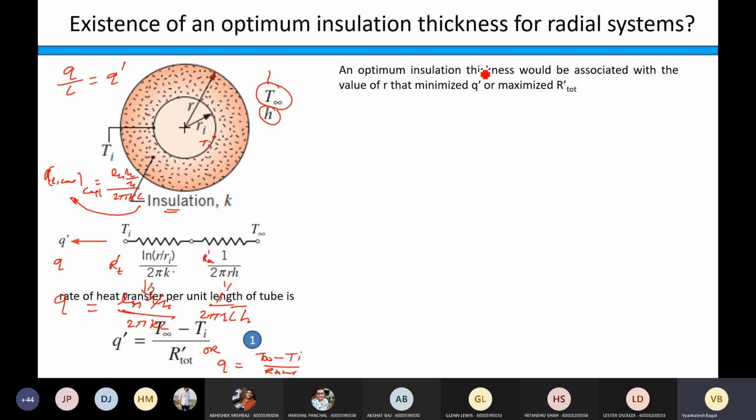An optimum insulation thickness would be associated with the value of r, this radius r, that minimizes Q dash or maximizes R dash total. If you are using the Q symbol, you will say that it minimizes Q or maximizes R total. That thickness of insulation will be called the optimum insulation thickness.